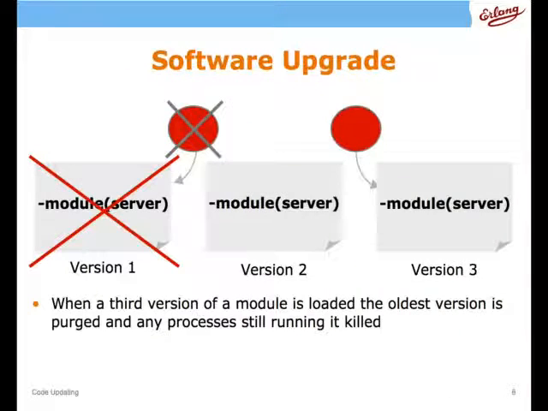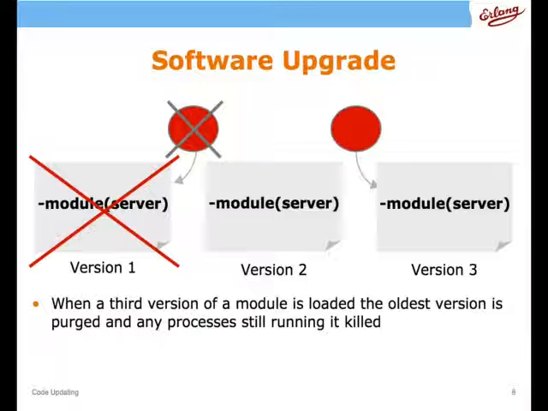Now, if we have a situation where we've got a module running the old version, and we upgrade to a third version, then the process that's running version 1 will be killed, and it will crash, as we saw in the example. So there are only two versions.